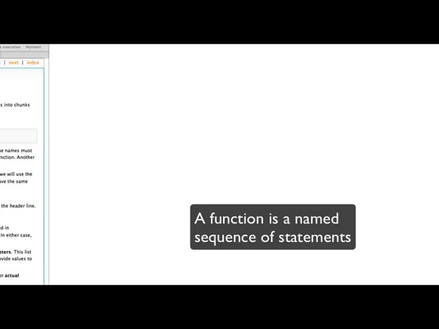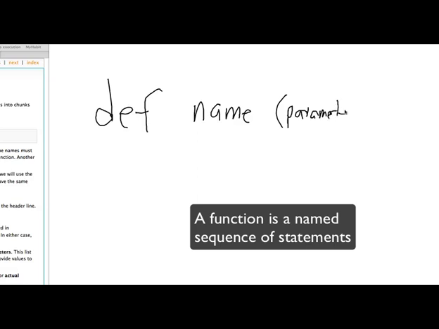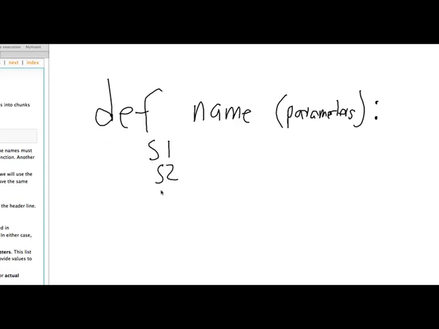All right, so the syntax for creating a function looks like this, and part of this is going to look pretty familiar to you. We have the keyword def followed by a name, followed by parentheses and some parameters, and then a colon, and then we're going to indent, and then we have some statements here.